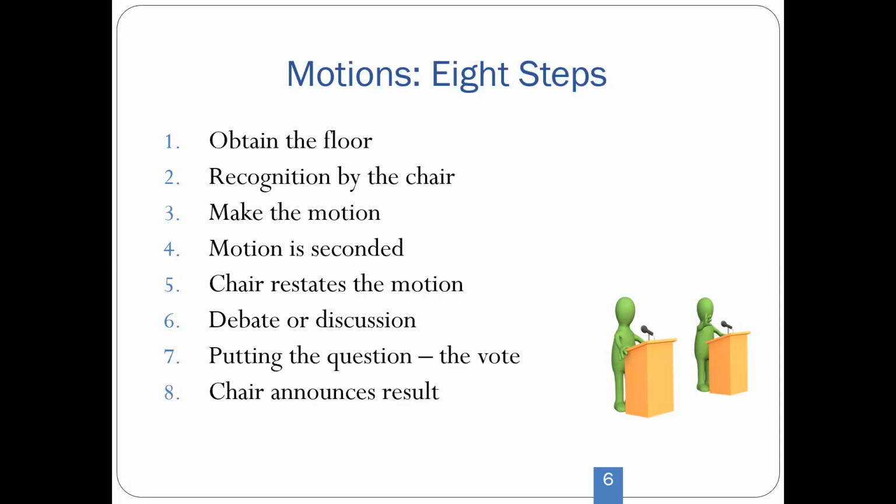Then the chair asks for any discussion. So if there is debate, you need to make sure that an equal number of members get to speak for and against. And that would be something that the parliamentarian would keep track of to make sure that there's an equal number of members being given the opportunity to debate for or against the motion.